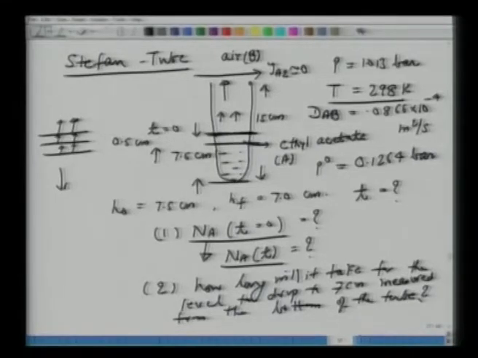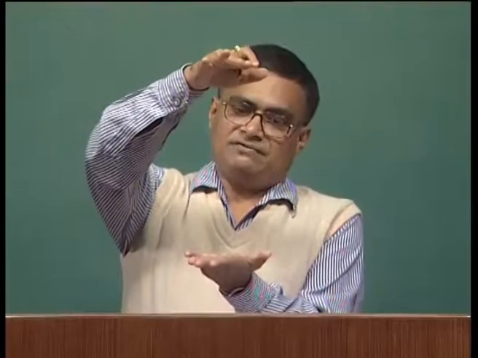Okay. So it's quite important that we also understand what would be the expected solutions, okay, before we solve numerically. We have a level of ethyl acetate, which is 7 centimeter, and on top of this we have 7 centimeter of empty space filled with ethyl acetate vapor and air.